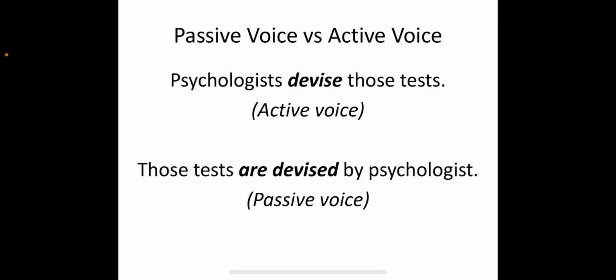But what is the main difference? The first difference that we can make between active and passive is that in active, of course, the subject is the most important thing in the sentence. That is the reason why we start with the most important thing, which is the subject. And in passive voice, what is more important is the object.